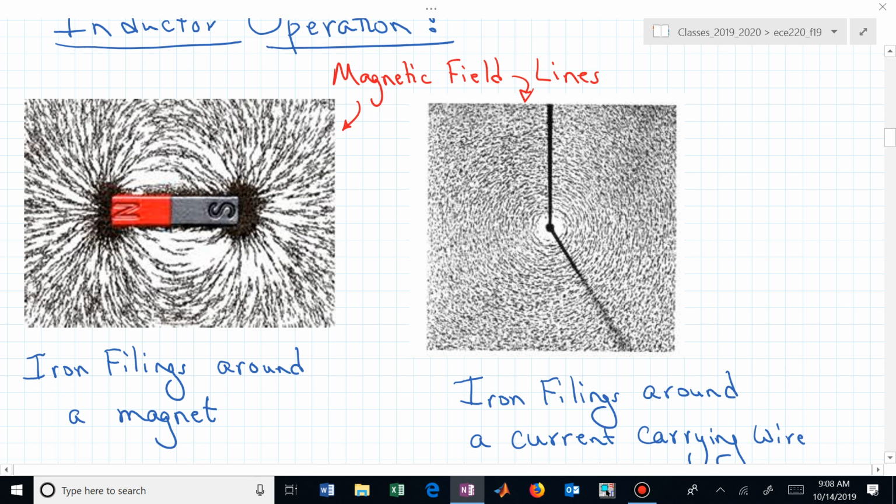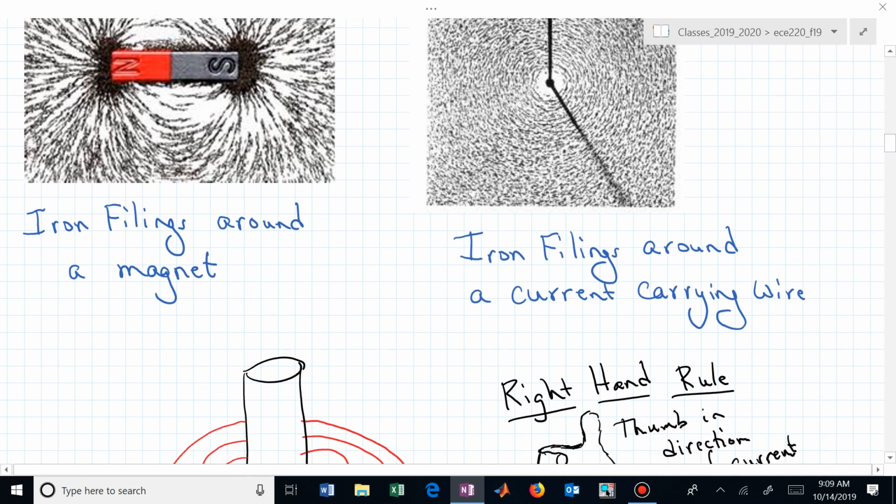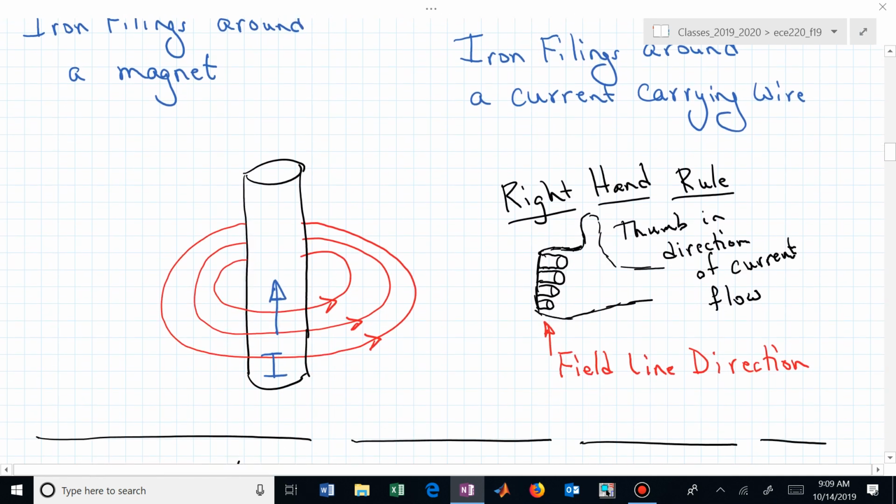Now when you have current flowing, that induces a magnetic field. Depending on the direction, I see some right-hand rules going on here. We typically think of current flowing, the positive charge, as the direction that we associate with current. Then you can say, I'm going to point my thumb in the direction of the current.